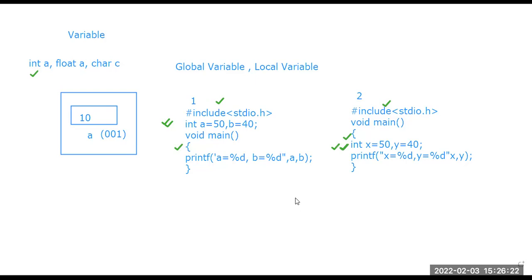A global variable is defined outside the block, outside the function, in the initial stages of the program. That is called a global variable. It is declared outside of all the functions or blocks, and whatever we have assigned or declared outside the block can be accessed anywhere in the program, by any type of function present in the program.